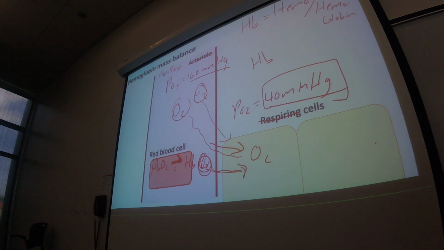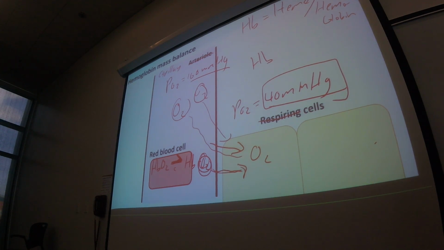Is it just assumed that the partial pressure for the red blood cell is the same as the capillary pressure? During the perfusion stage, where oxygen diffuses into the blood, you're going to reach equilibrium where the partial pressure of oxygen in the blood and the alveoli are both 100.